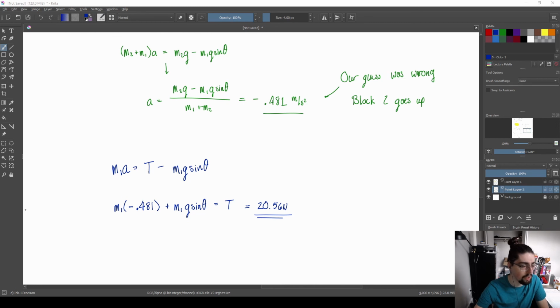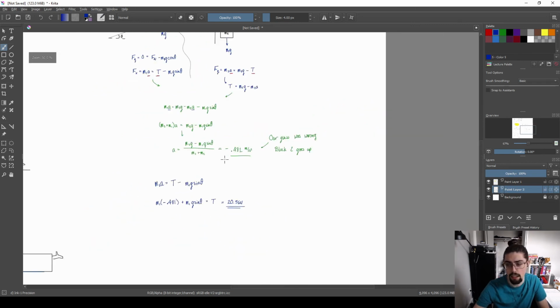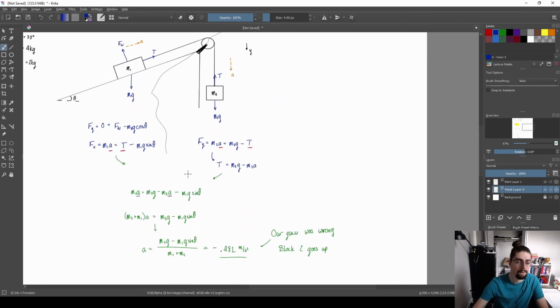Because 19.6 implies that your acceleration is 0. mg is not equal to T. mg does not equal T. mg would only equal T if there was no acceleration.